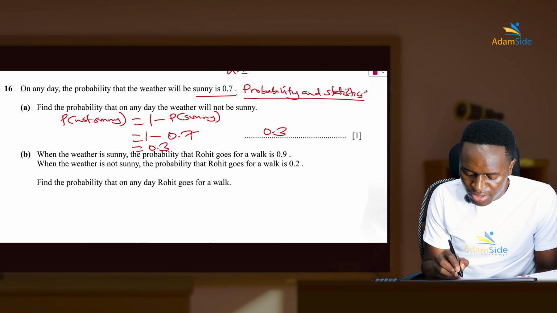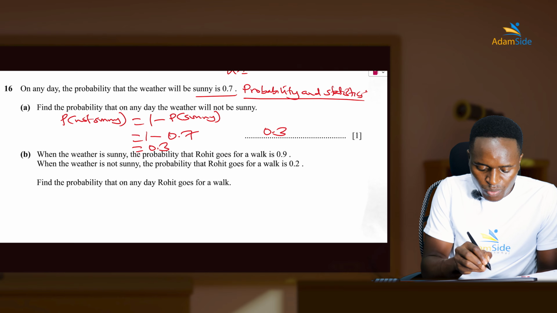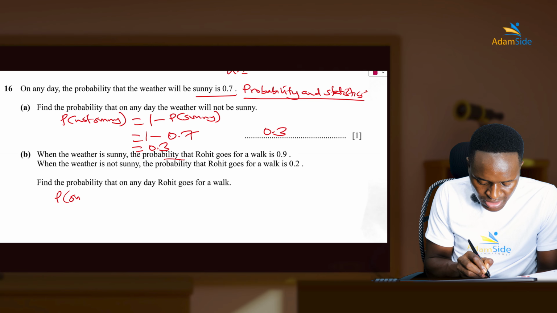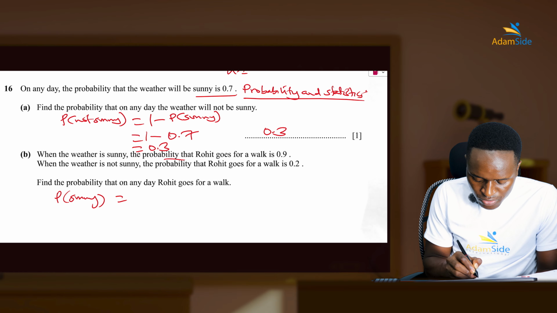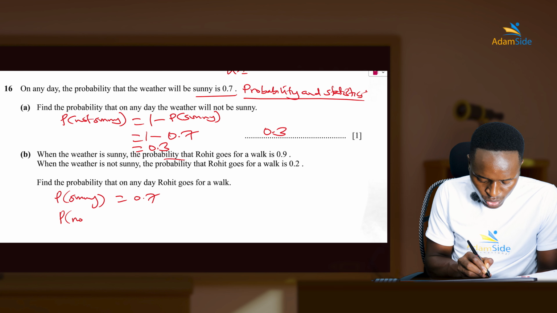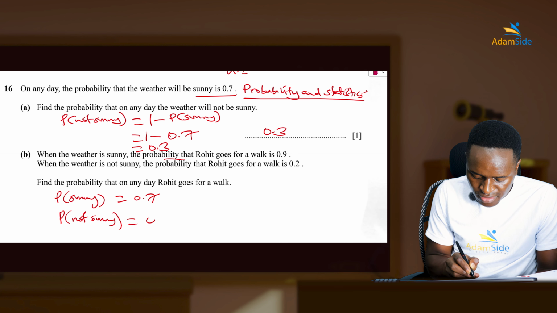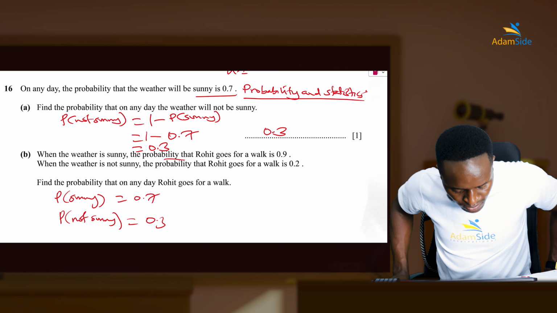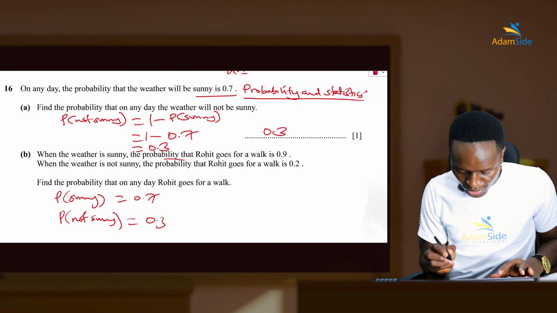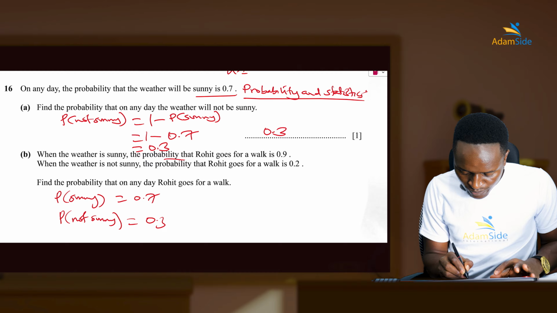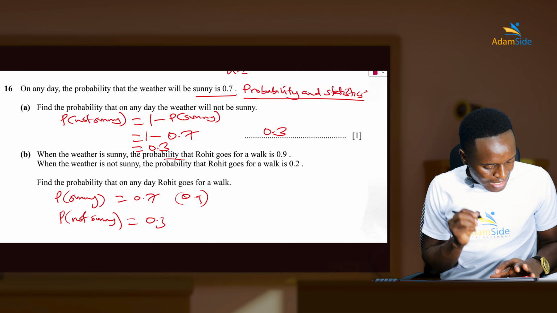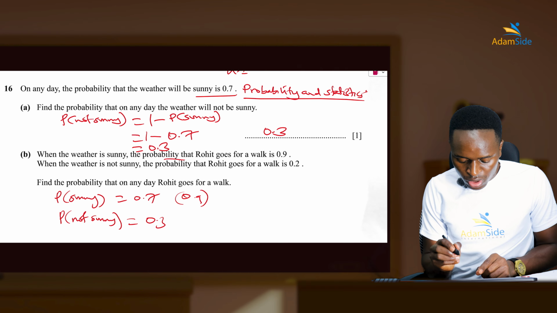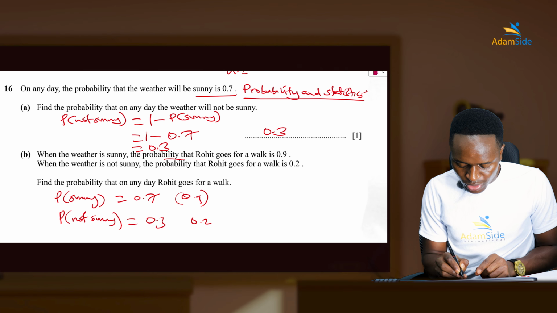The probability of it being sunny is 0.7, and the probability of it not being sunny is 0.3. The probability that he goes for a walk is 0.9 when the weather is sunny, and 0.2 when the weather is not sunny.